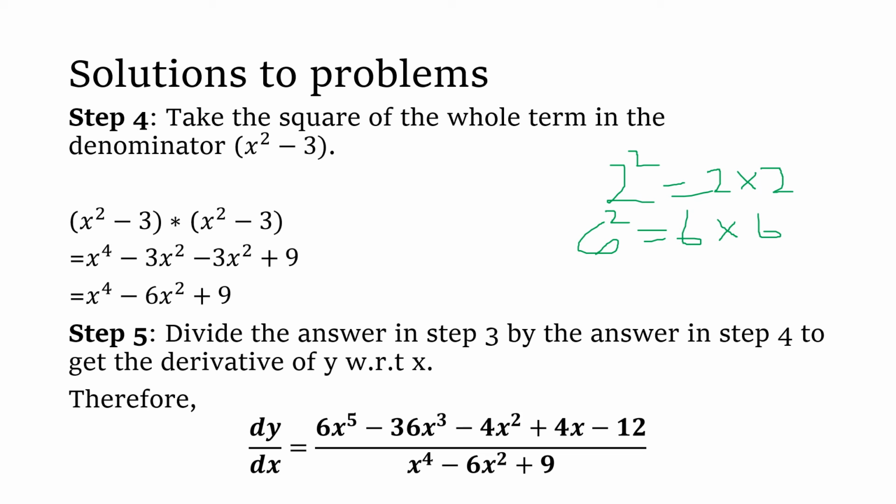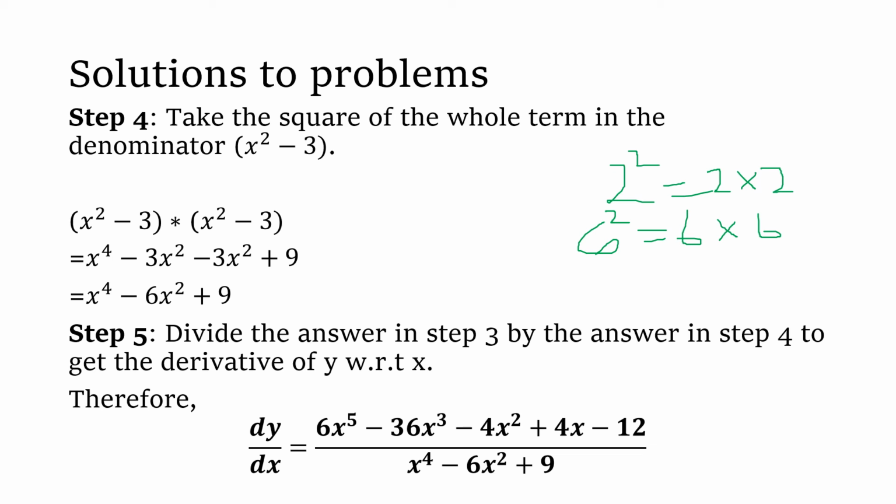You multiply this term by itself. You multiply x squared minus 3 by x squared minus 3, okay? So, again, you have to put everything in brackets here, and you multiply each term in the first bracket by each of the terms in the second bracket, okay?